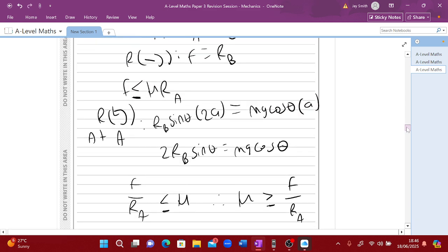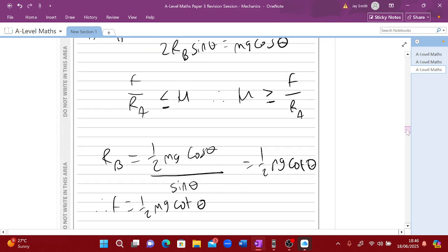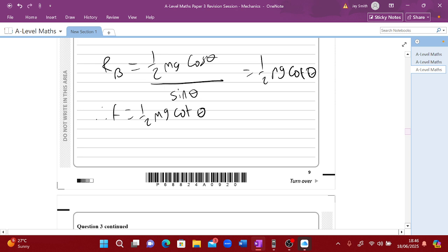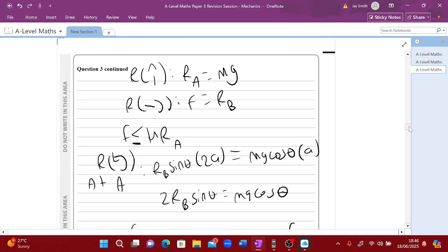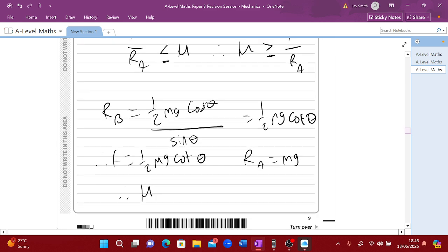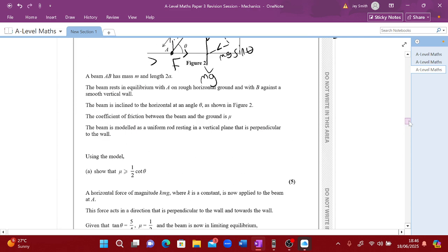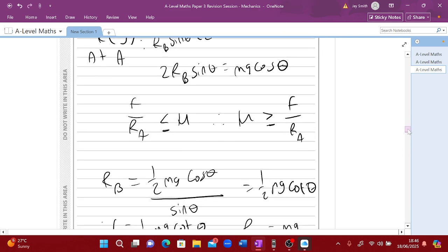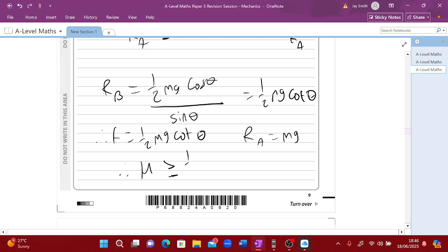And then I need RA. RA is simply equal to mg. So if I substitute RA in, because remember, I did all the resolving up here, I'm just substituting the equations I've already got. So mu is going to be greater than or equal to F, which is a half mg cot theta.